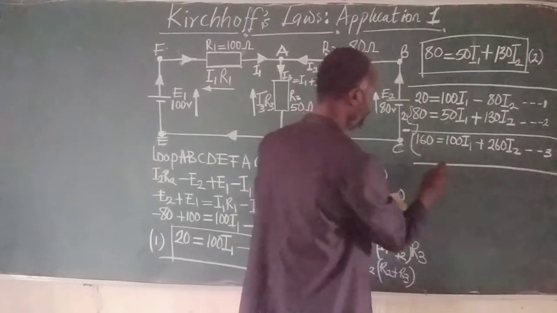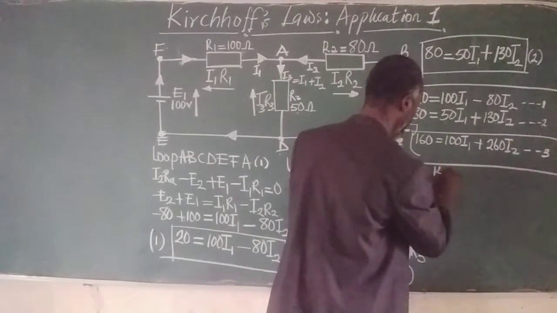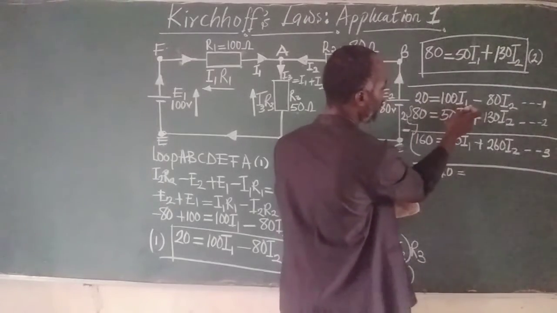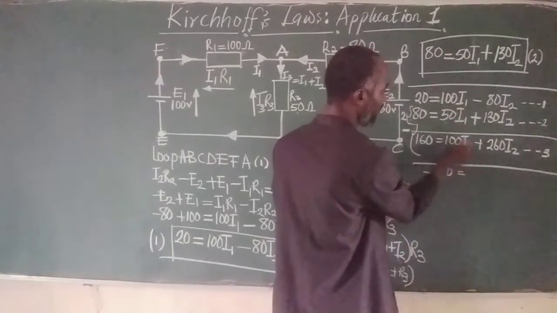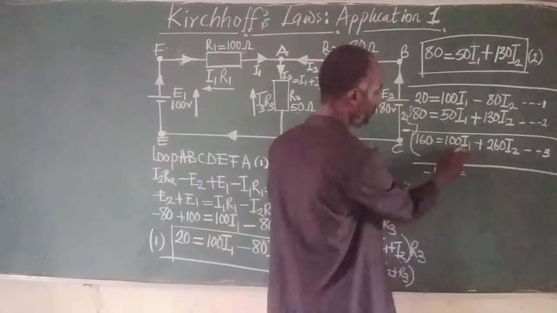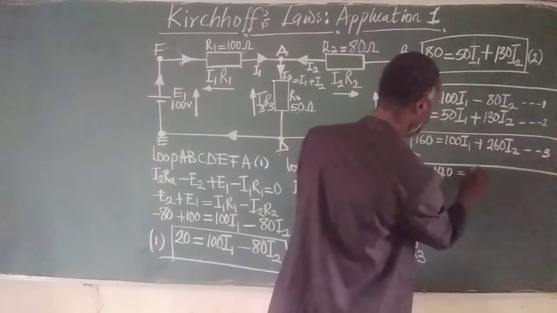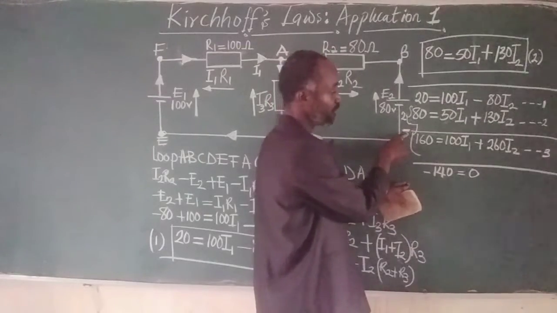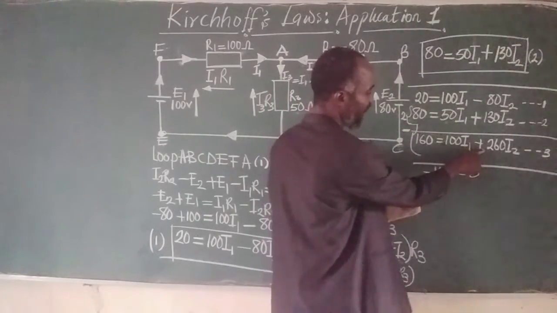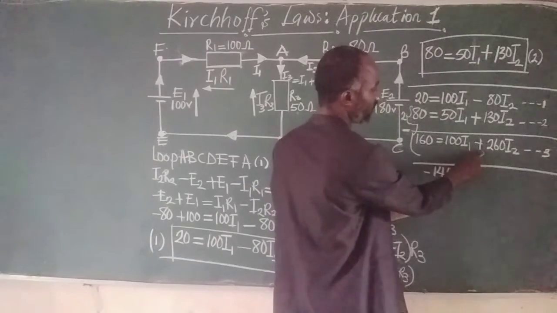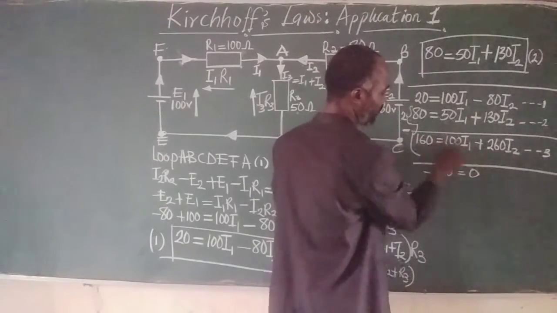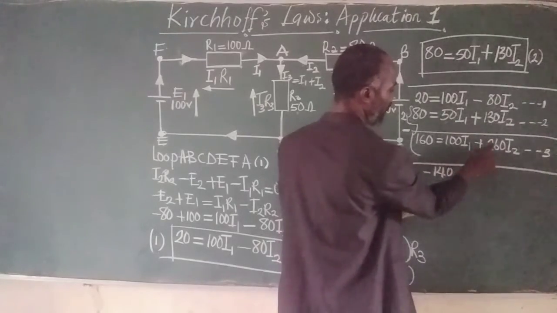20 minus 160 is going to give minus 140, all equal to, of course you can see we have 100 current 1, 100 current 1 again. So 100 minus 100 is going to give just 0 at this point. This minus is going to affect what we have here. It's going to turn this into minus 80 minus, because this minus will affect this, minus 260.